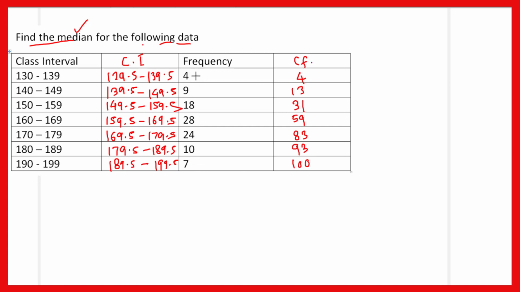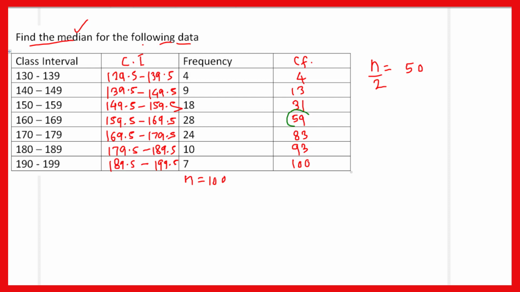We take the total of the frequency, that n is equal to 100. So first what we do, we find n by 2. N is 100, so n by 2 will be 50. And then we look for the cumulative frequency just greater than 50. That cumulative frequency is 59.